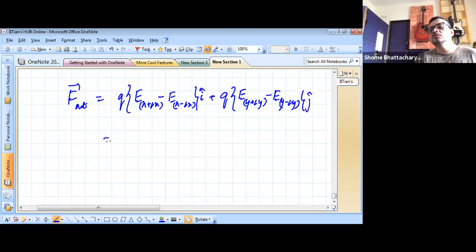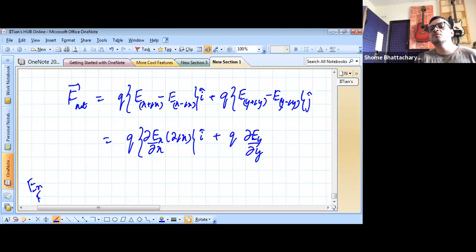Okay. So this is becoming Q into del Ex by del x into 2 times delta x I cap plus Q into del Ey by del y into 2 times delta y, because remember here that Ex and Ey are both functions of x and y. So that's why we have to use the partial derivative notation.